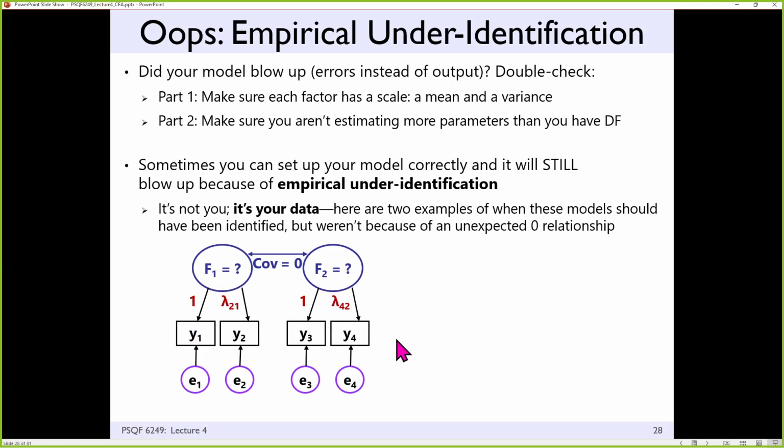Locally meaning just about that factor, not the model as a whole. The only way that this model as a whole is going to be identified is if there is a covariance between the factors. If the covariance turns out to be 0, then they can't borrow information from each other, and each one has to stand on its own, and then we're back to each one only having 2.